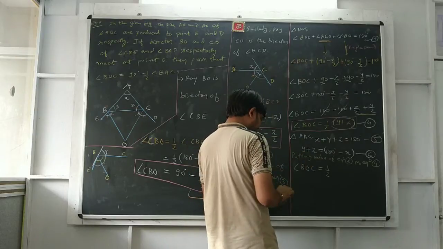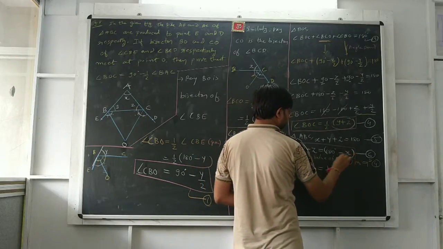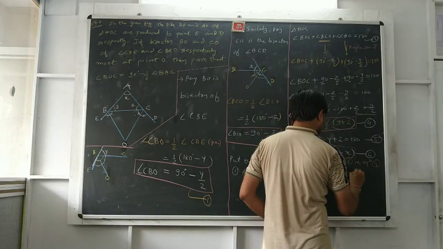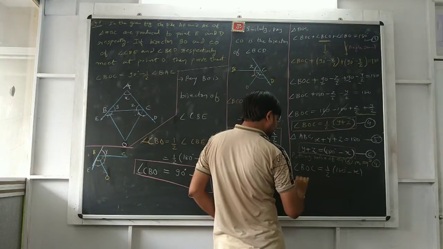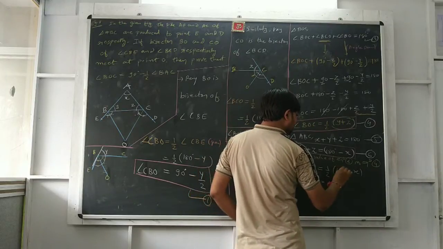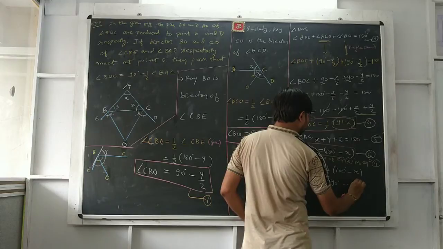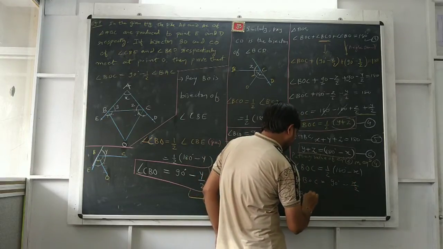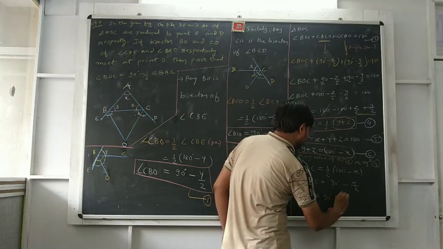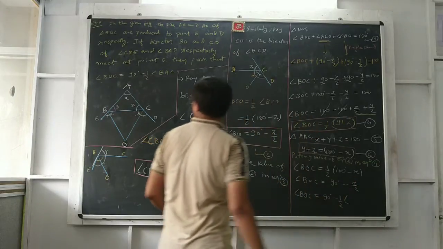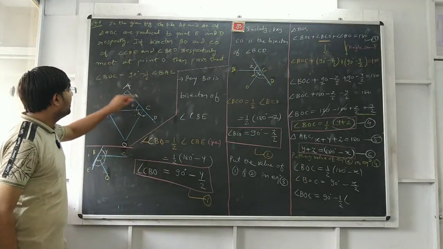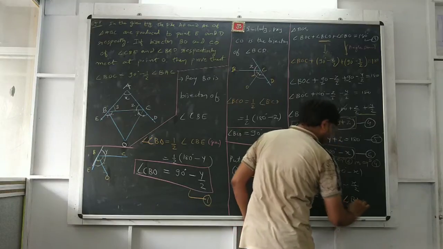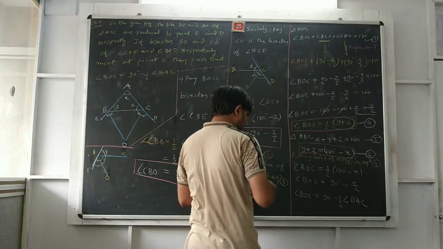Y plus z is 180 minus x. So 1 by 2 is going inside. Then BOC is equal to 180 minus x divided by 2, that is 90 minus x by 2. So I can write angle BOC is equal to 90 minus 1 by 2 angle x. What is x? X is here, angle BAC. This is our final answer.